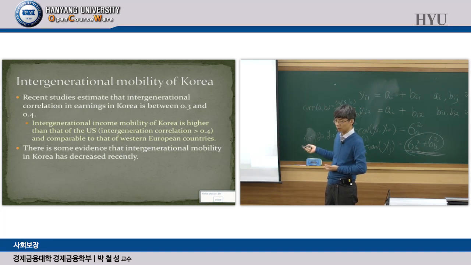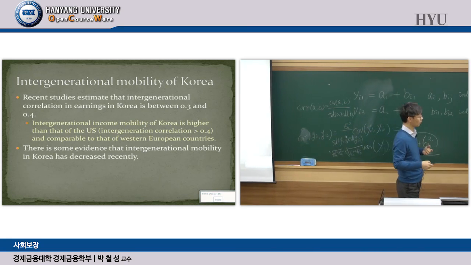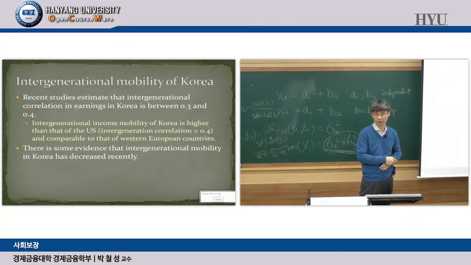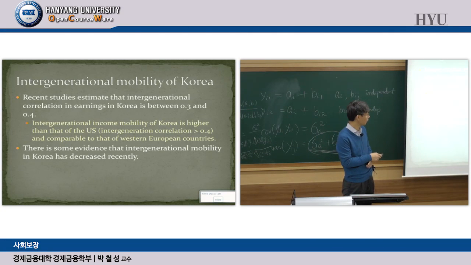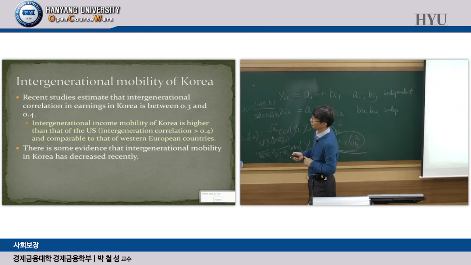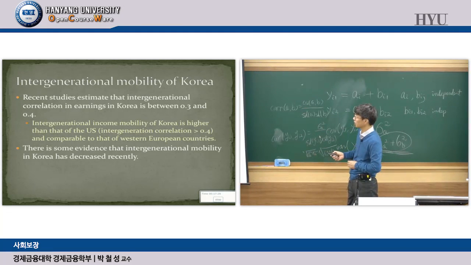But obviously we need more studies because Korea's data is still limited. And there is some evidence that intergenerational mobility in Korea has decreased recently, which means that mobility is going down. There is not enough evidence to say definitely, but there is some evidence that it's going down.